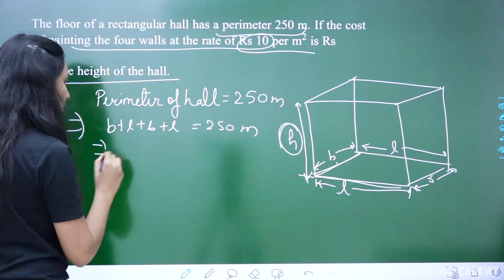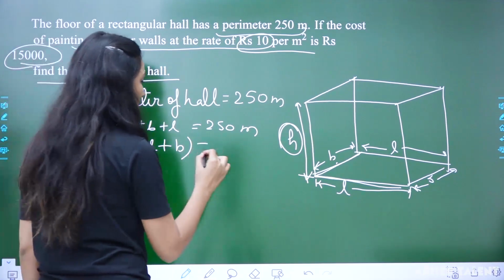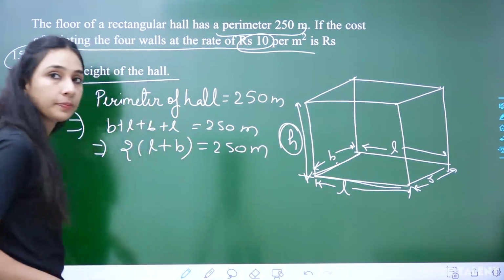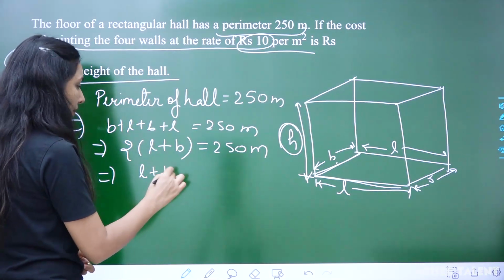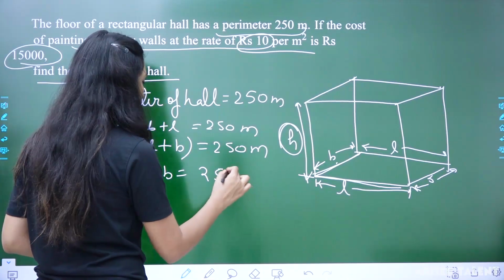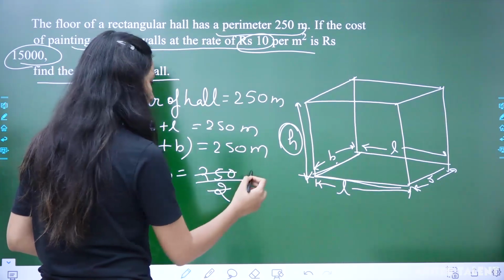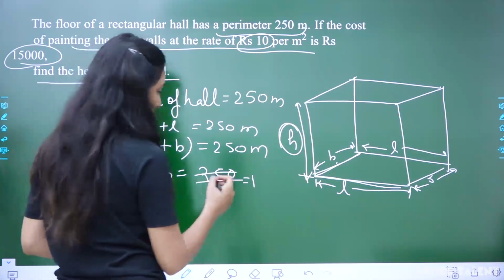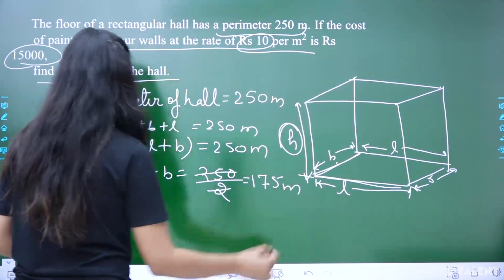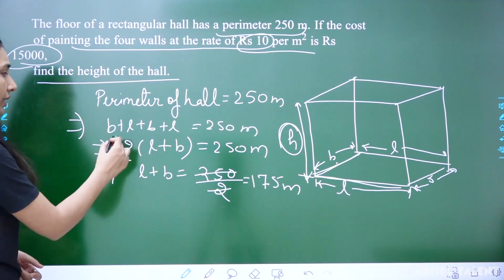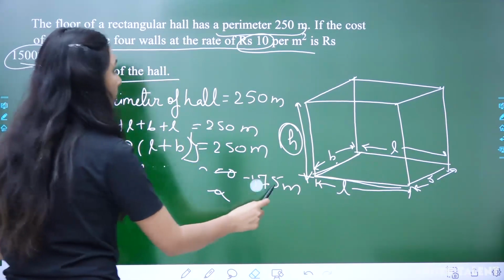That means 2(L plus B) is equal to 250 meter. That means L plus B equals 250 by 2, which will be 125 in meters.